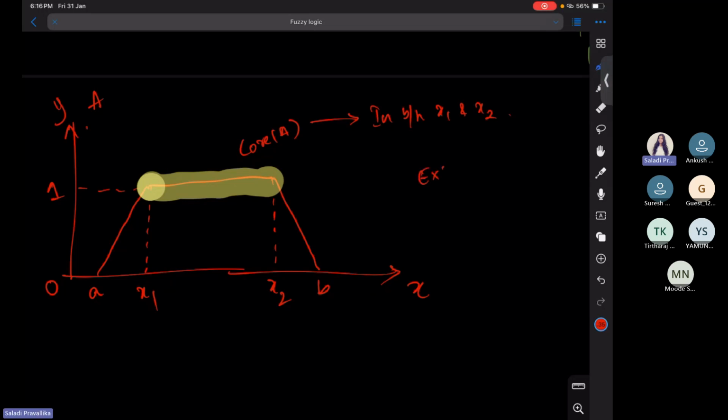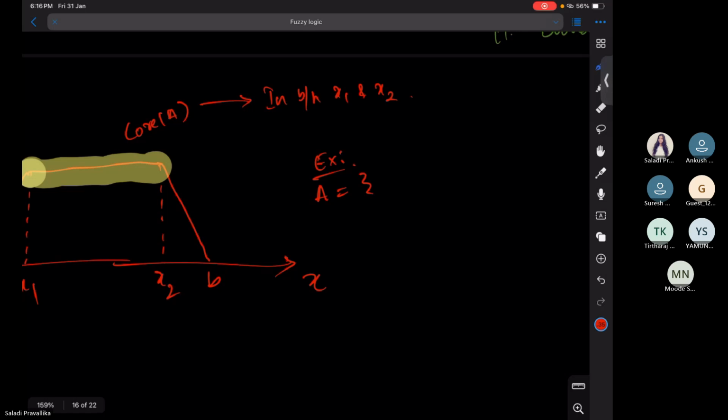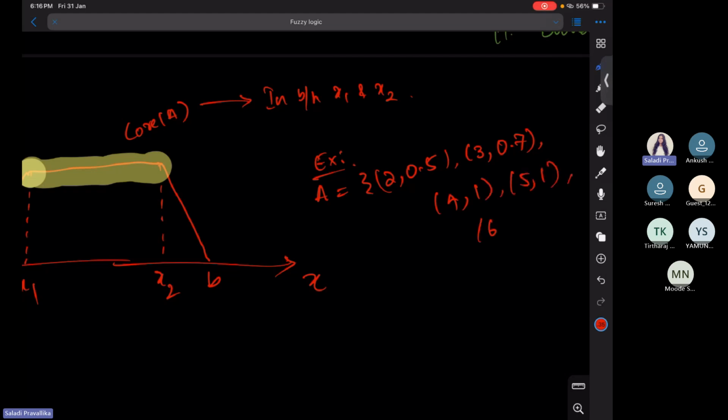For example, let us say I have a set: for x equal to 2, the membership value is this; for x equal to 3, the membership function is 0.7; for 4 it is 1, for 5 it is 1, for 6 it is 1, and for 7 it is 0.5 again.